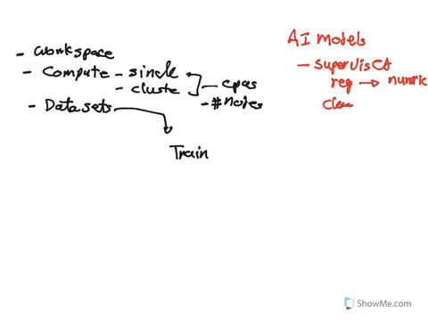We've got classification, and the output of that is classes or categories. And we've also got time series, and the output of that is numeric values for future times.